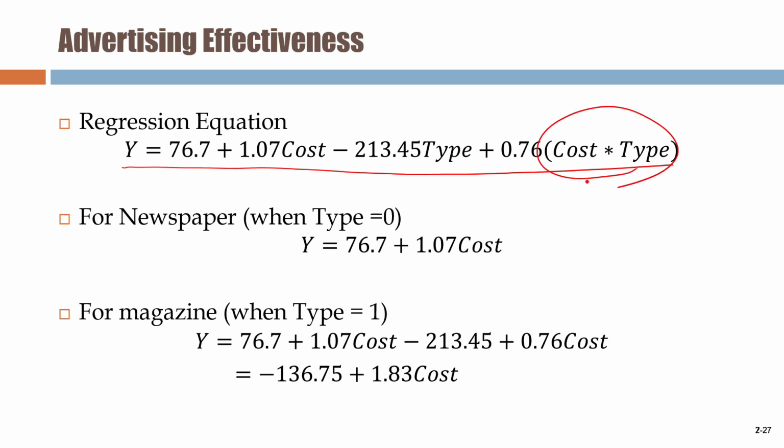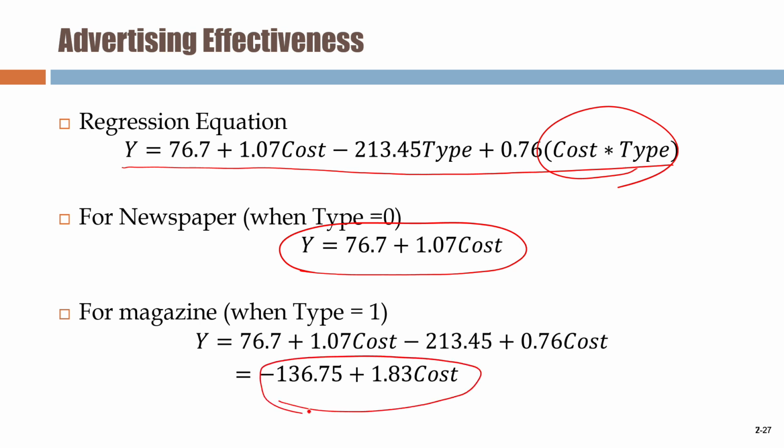This is the interaction term. So actually you can separate out what our regression is for newspaper and what it is for the magazine. So it's totally different, right? However, we combine these two cases into one regression equation.